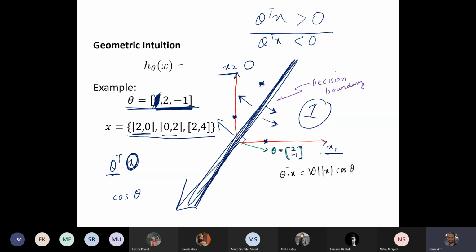In higher dimensions, you will again get a hyperplane, but it will still be a flat thing. Okay, क्योंकि we are still talking about linear, not non-linear decision boundary. So your decision boundary will be linear. It will be perpendicular to the parameter vector, because only then you will get a zero value of theta transpose x.